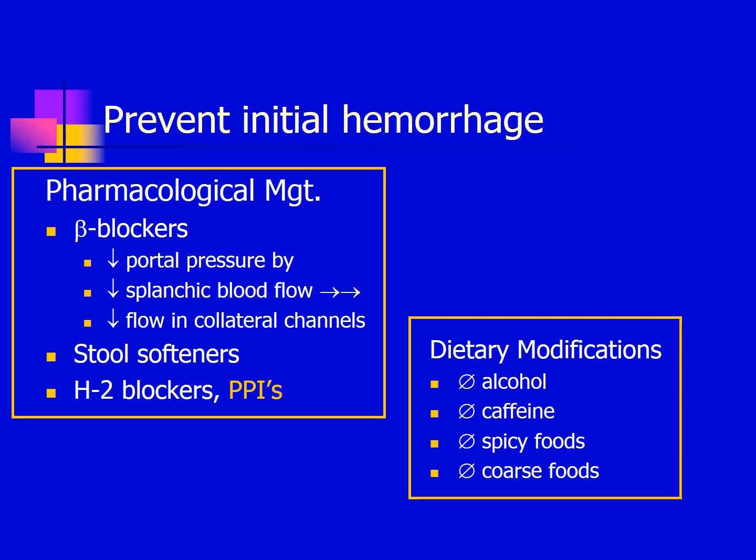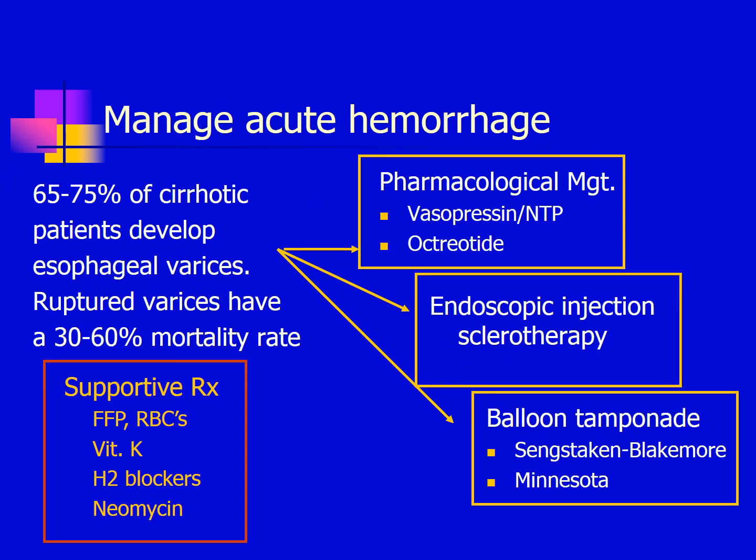So beta blockers would help decrease the portal pressure. Stool softeners, so they don't have to strain, H2 blockers, proton pump inhibitors, and diet modification: no alcohol, caffeine, spicy food, or coarse food. Next slide.